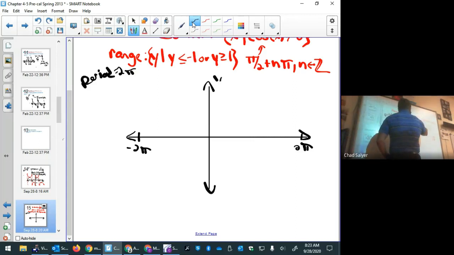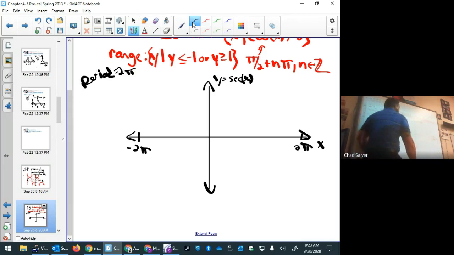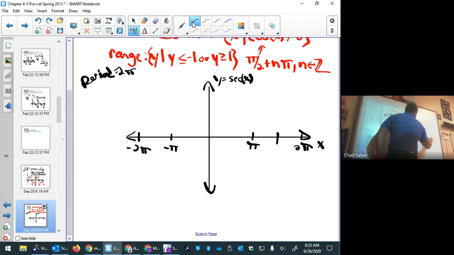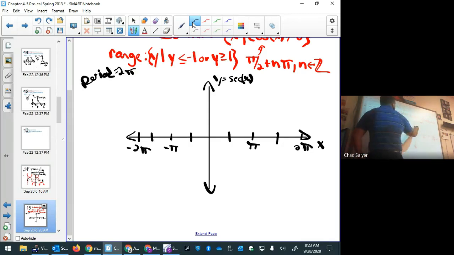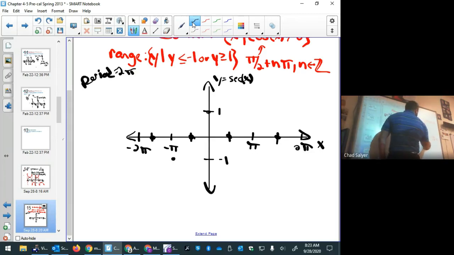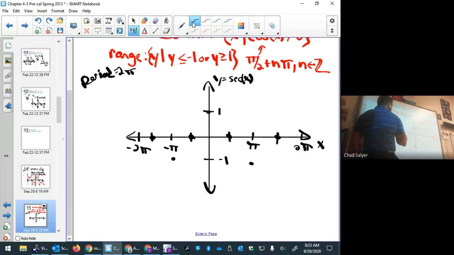And we're going to have y equal to the secant of x, where x is some angle. So this time we're going to dot in the cosine to help us. So I'm going to mark the zeros of the cosine. Remember they were here. And then some other key points from the cosine. Cosine, for me, is best done kind of inside out.